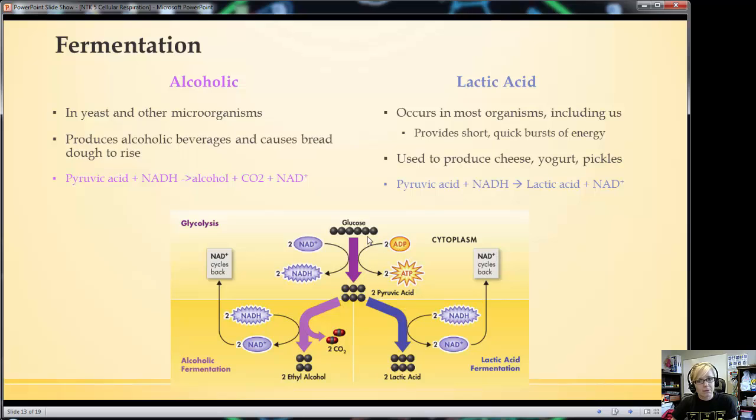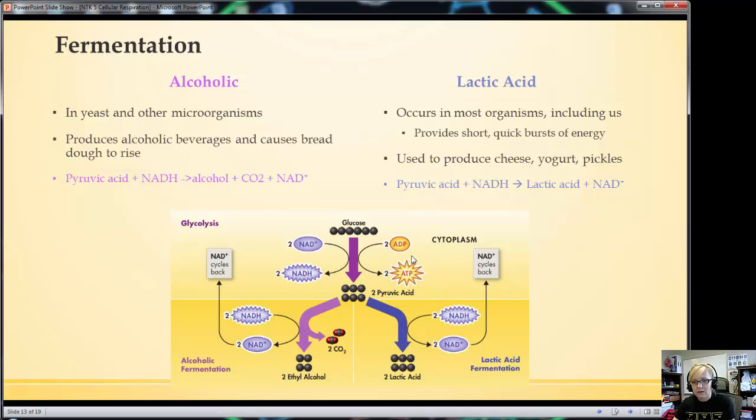Very similar to what we looked at before. We know that glycolysis happens just like we've already talked about. We know that we are producing our NADH, and we're turning that back into NAD+. So here's our NADH. Remember, that was produced, and here it is again. So we're cycling that back because we're going to need NAD+ to start the process of glycolysis again.